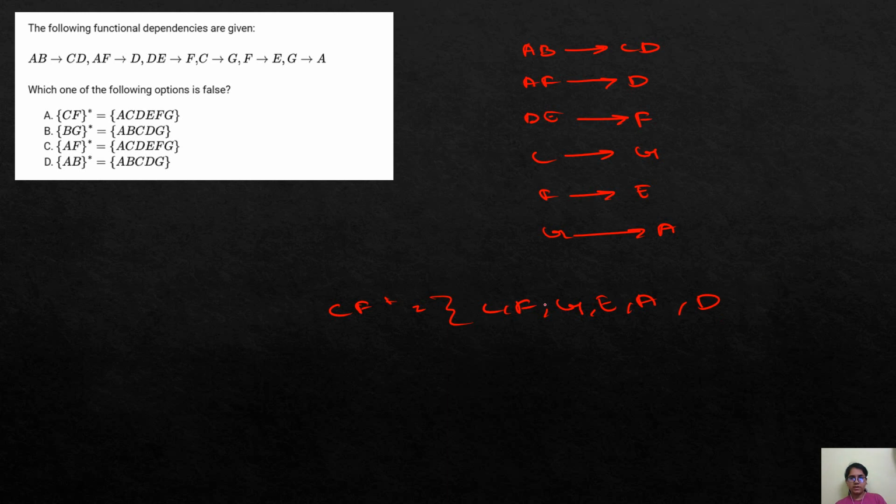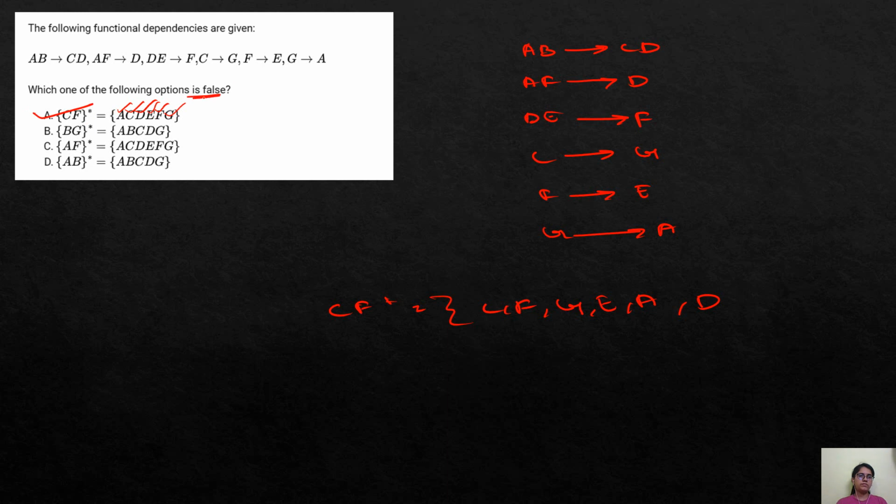We have derived F, and F is already there. So I guess B is left and we can't derive B from anyone. So let's check. Yes, A is there, C is there, D is there, E is there, F is there, and G is there. So this is the right attribute closure.